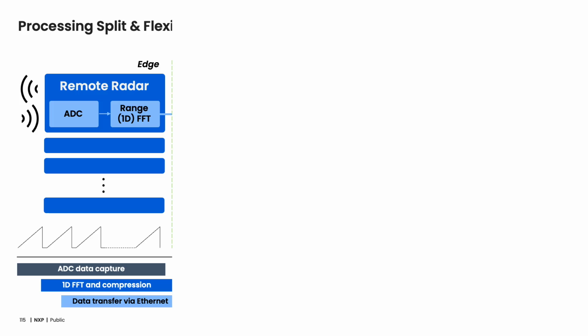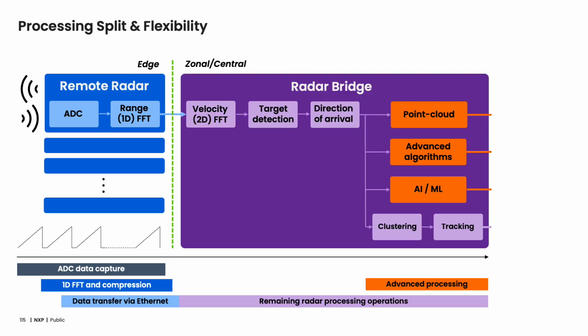This is then where the partition happens, and we will transfer that data to the radar bridge, which can then complete the standard radar signal processing chain to the FFT detection algorithms and DOA.